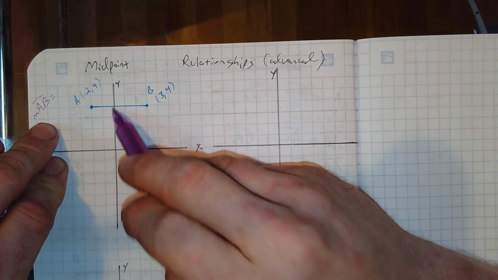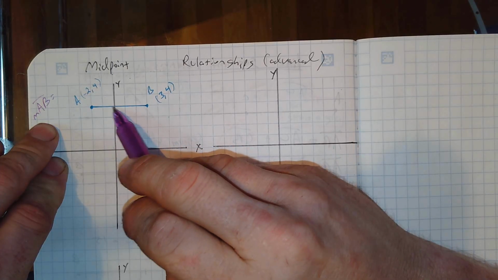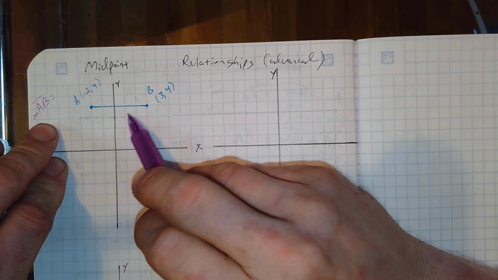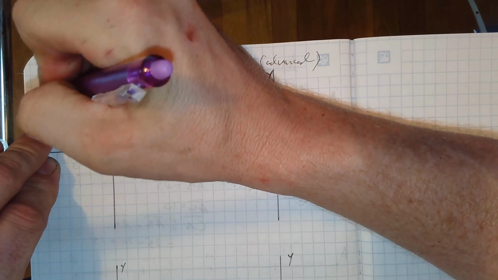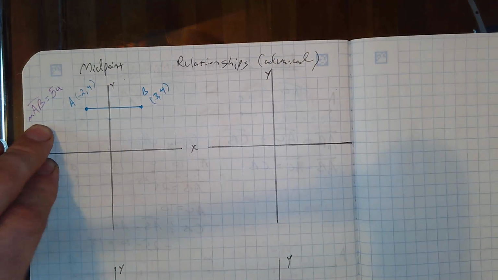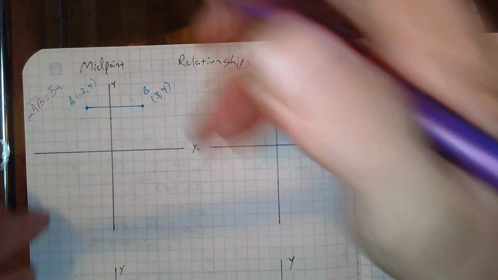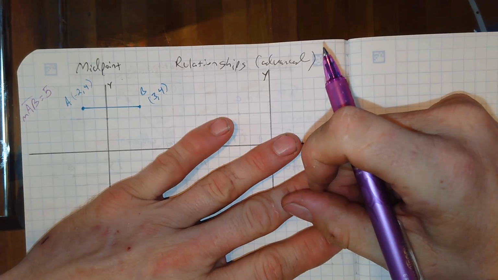So it's 2 plus 3, which is 5, right? So it's 5 units. Now it could be feet or whatever. We're just going to say 5. Okay, so AB is 5.